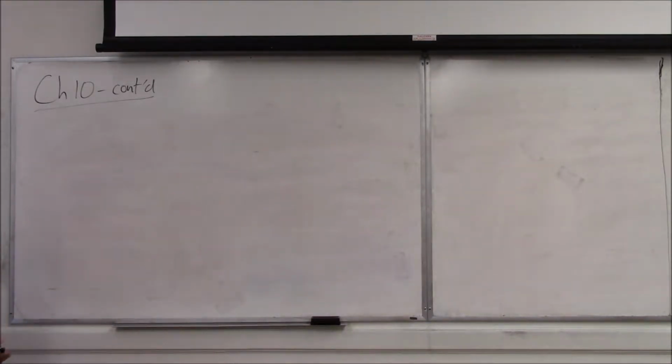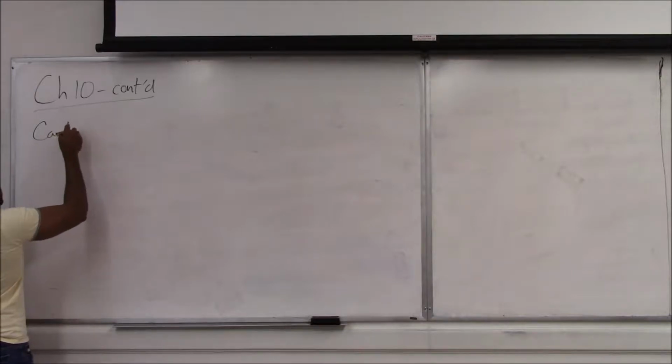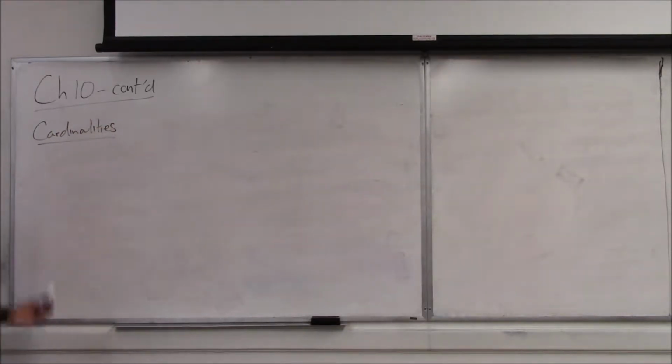So let's recap from where we were last time. We were talking about cardinalities. It's kind of a measure of the number of things that your set contains.